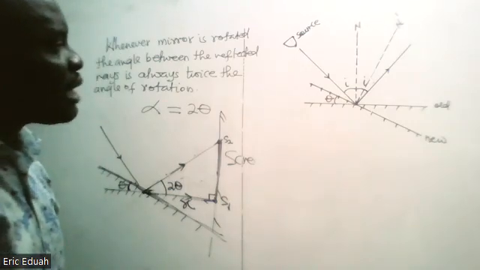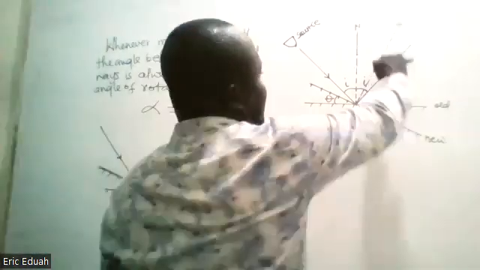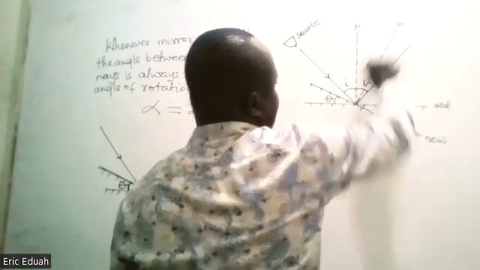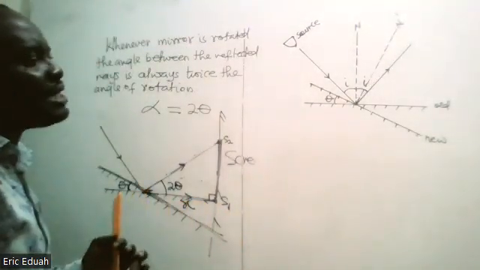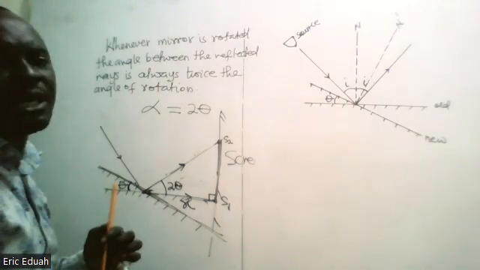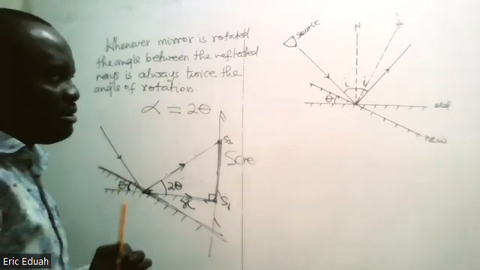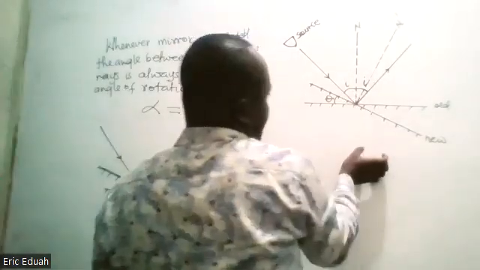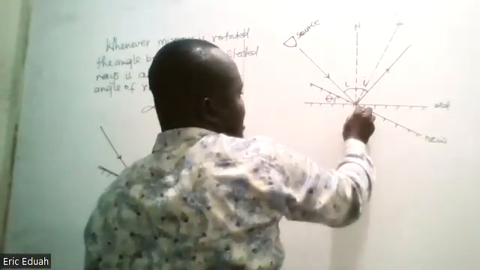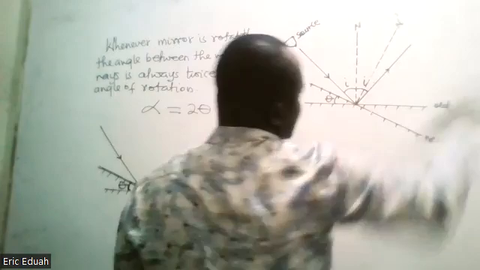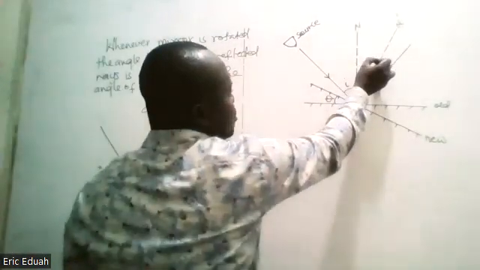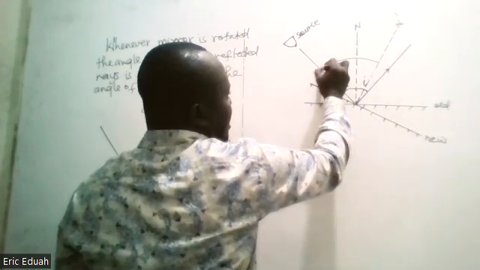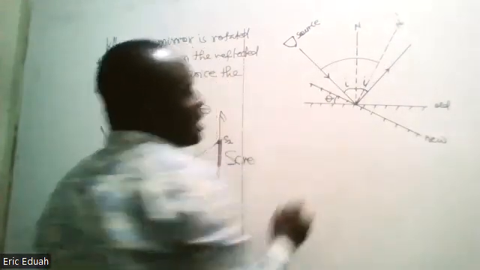Okay, so now once this is rotated and the normal position is changed, there will also be a different angle. You have tilted the mirror. The incident ray is the same, but the reflection will change, because always the angle of incidence between the new normal and the incident ray must be equal to the angle of reflection.